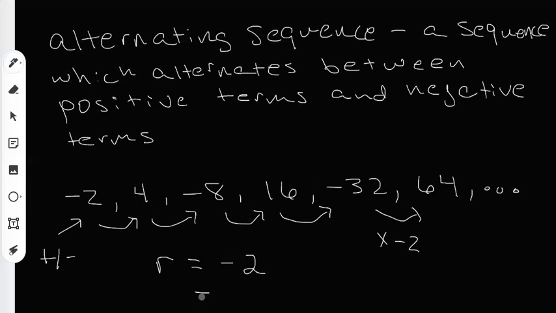And my R is always going to be a negative number. We'll say -A. It's always going to be some kind of negative number that you're multiplying by. So R is always going to be negative in an alternating sequence.